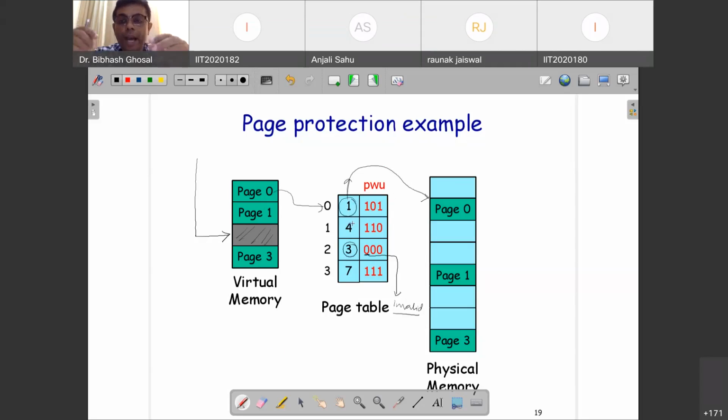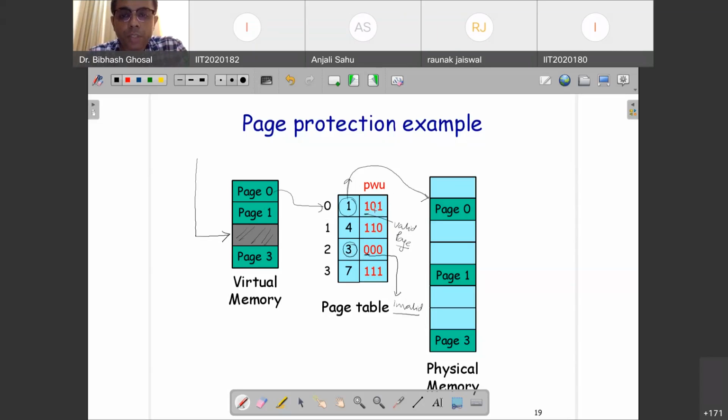But when I have reached that particular page, I should know what kind of permission is given to me. So 1 denotes that it's a valid page. Valid page means a page exists in the physical memory. This 0 denotes that there is no physical page corresponding to this particular virtual address.